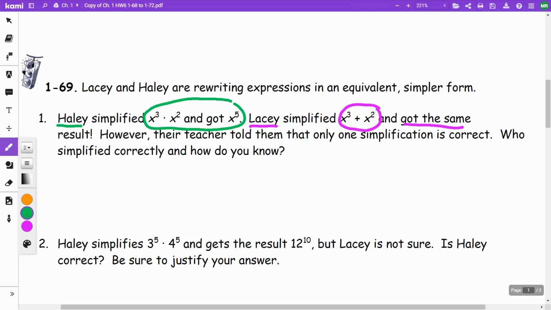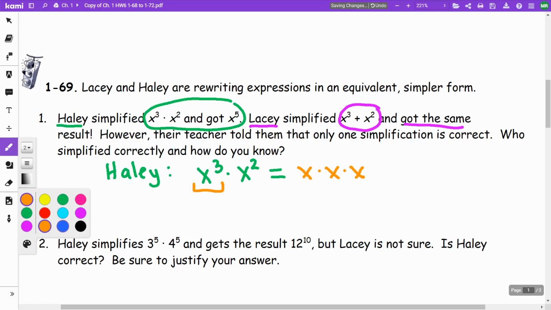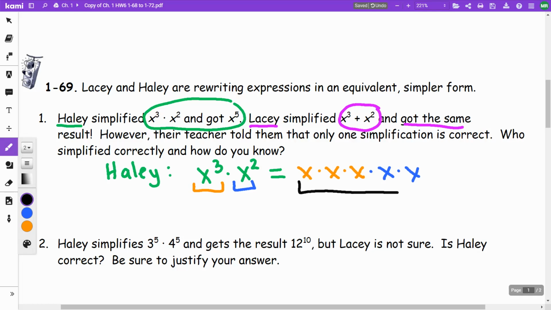So the person who did it correctly was Haley. Haley did do it correctly, because if I take x to the third times x to the second, and expand this, this x to the third would be x times x times x. This x to the second would be x times x. The total of them that I ended up with is 5, so this would be x to the fifth.